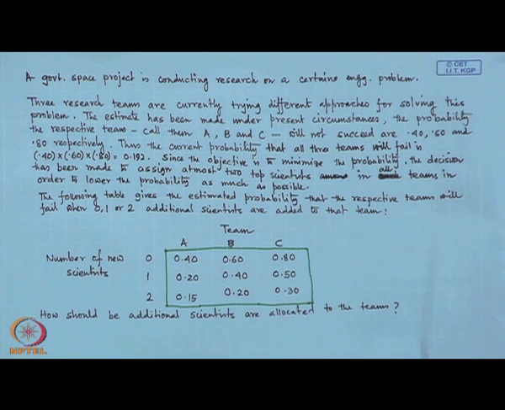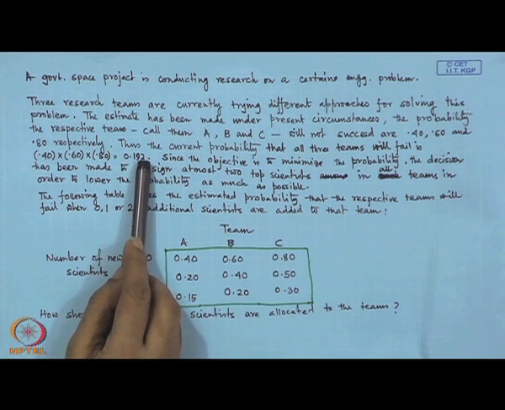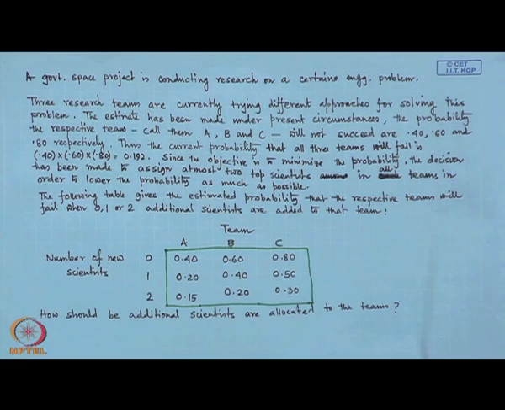Once we have this information, that means at the current state, if the organization wanted to involve these 3 teams in the project, then there is a probability of failure, that is the multiplication of the 3 failures together, and it is coming 0.192. Now, the organization wants to reduce this value.